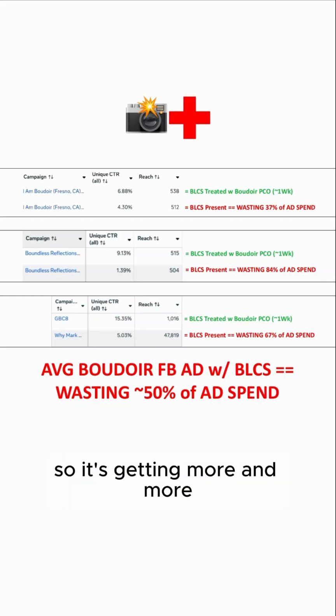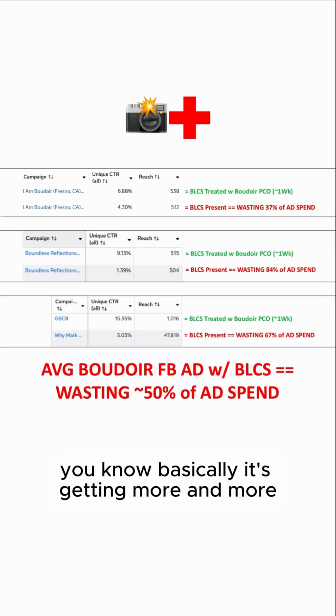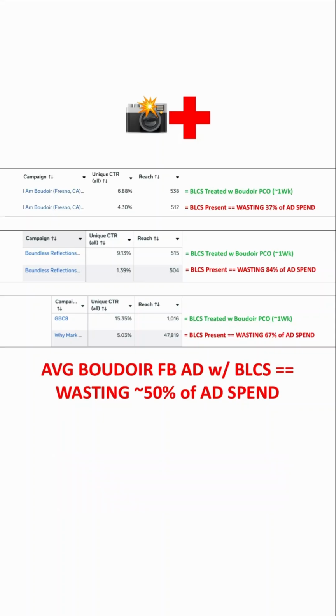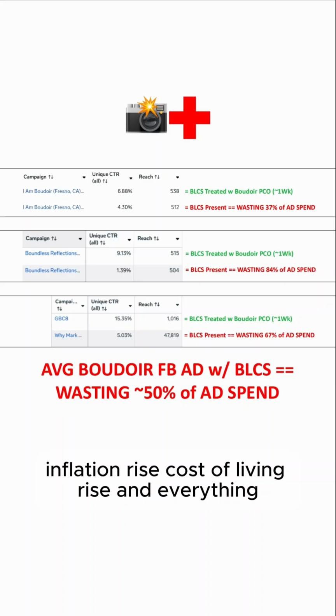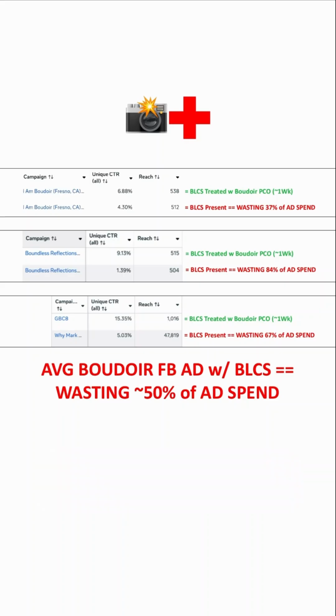So it's getting more and more saturated, more competitive, and you're seeing inflation rise, cost of living rise, and everything.